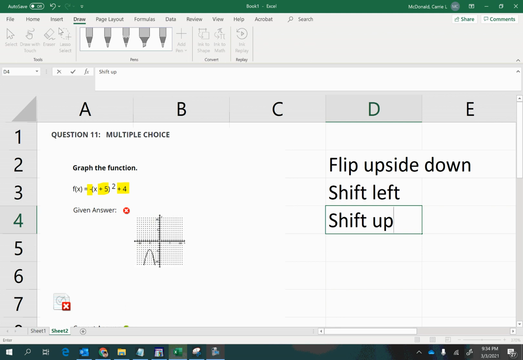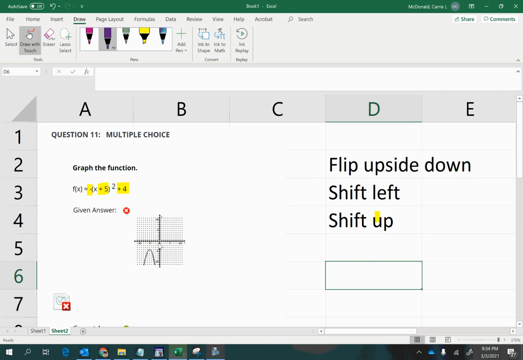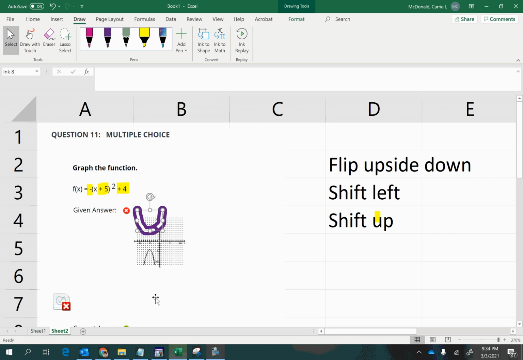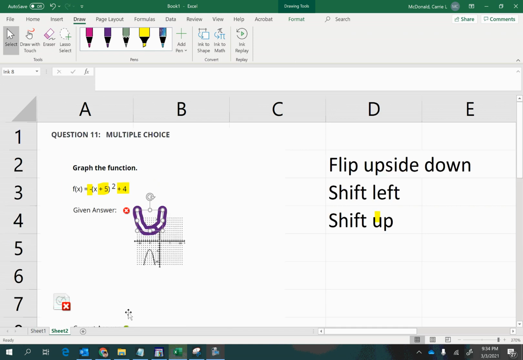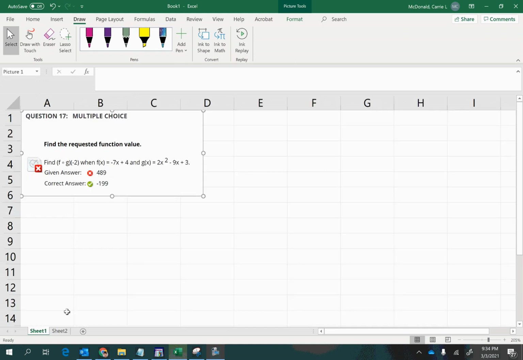See, the vertex is normally right at the origin, right here, right? So shifting it to the left and up would put it in quadrant 2. So that's why you should have been able to select the correct answer from what was given there.